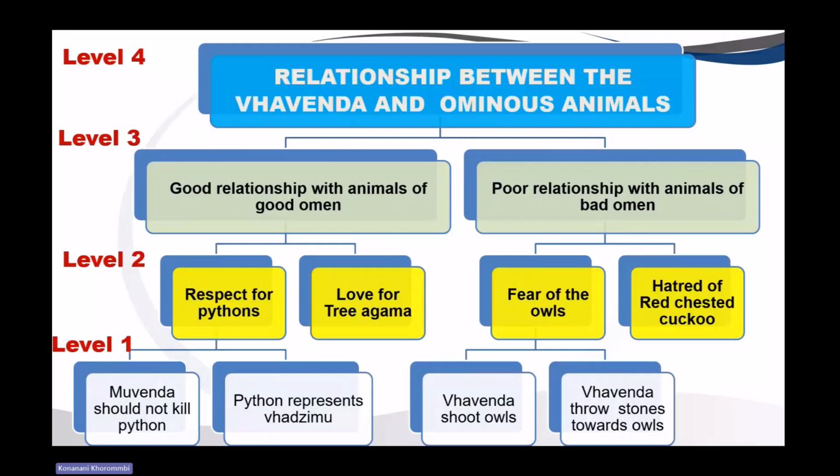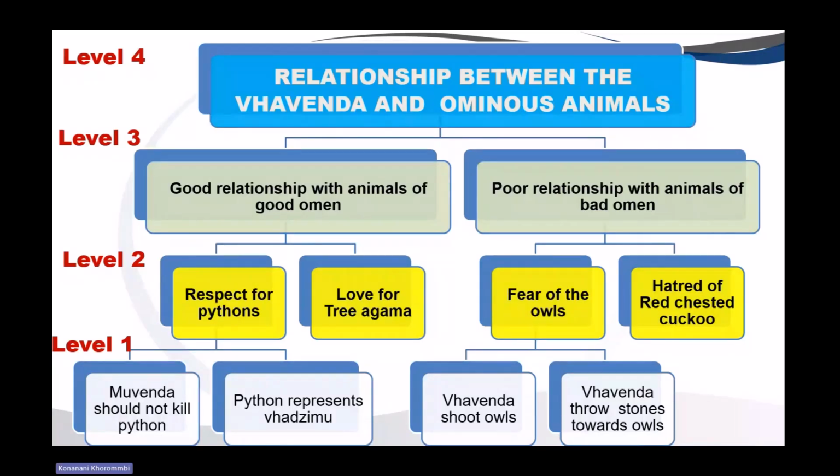Now that is there. But we move from this level, which is yellow. It's either that you love a tree agama or you respect a Python. As you go to the third level, you find that it represents good relationship with animals of good omen. So if I've got a section or a subsection, I can entitle it good relationship with animals of good omen.